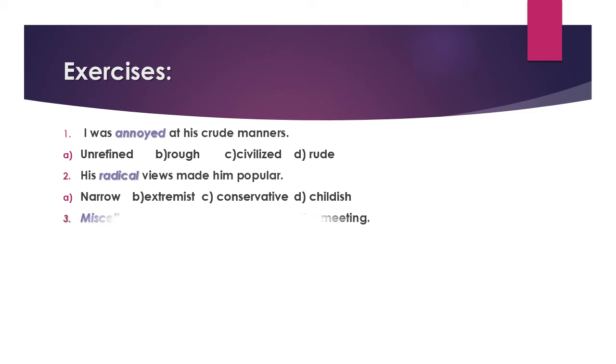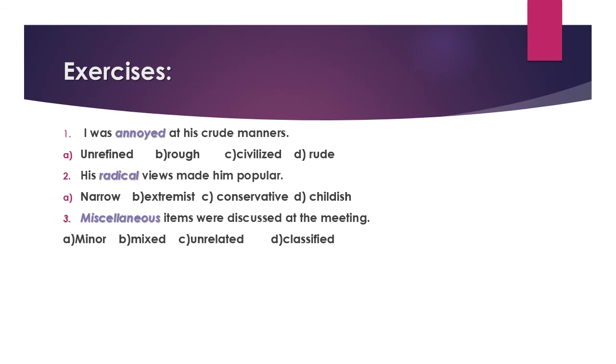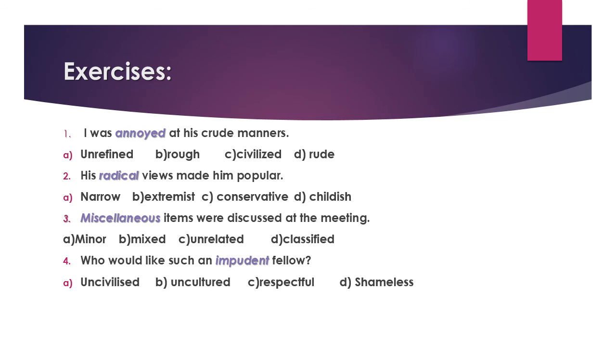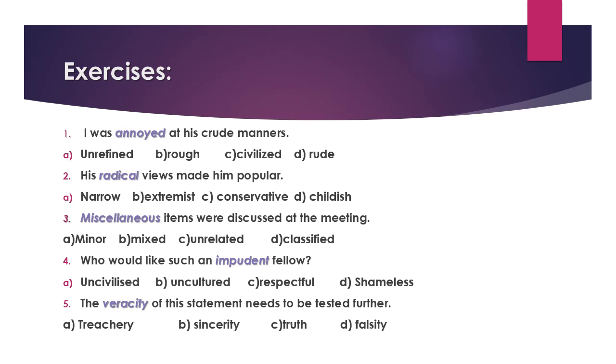The third question is, miscellaneous items were discussed at the meeting. Fourth question is, I would not like such an impudent fellow. And the final, fifth question is, the veracity of his statement needs to be tested further. So find the correct antonym for those words.